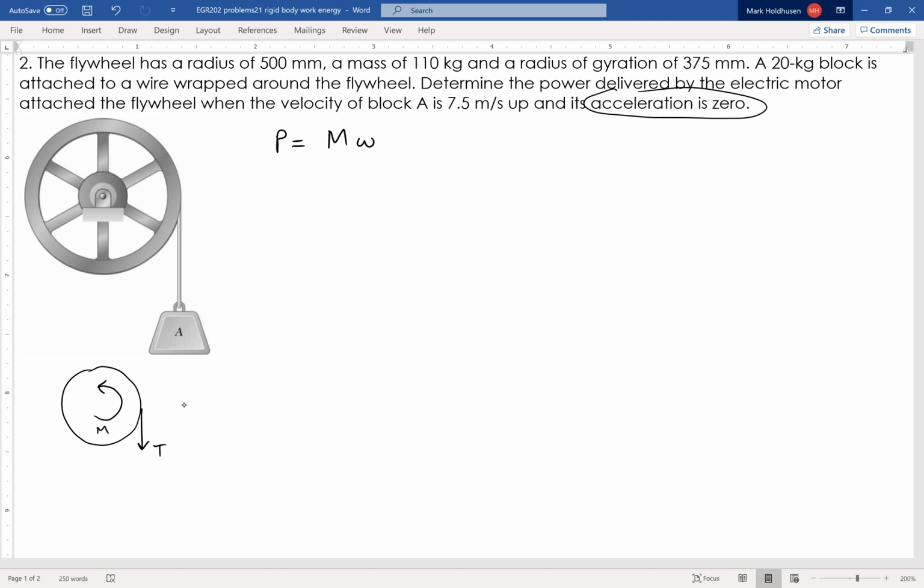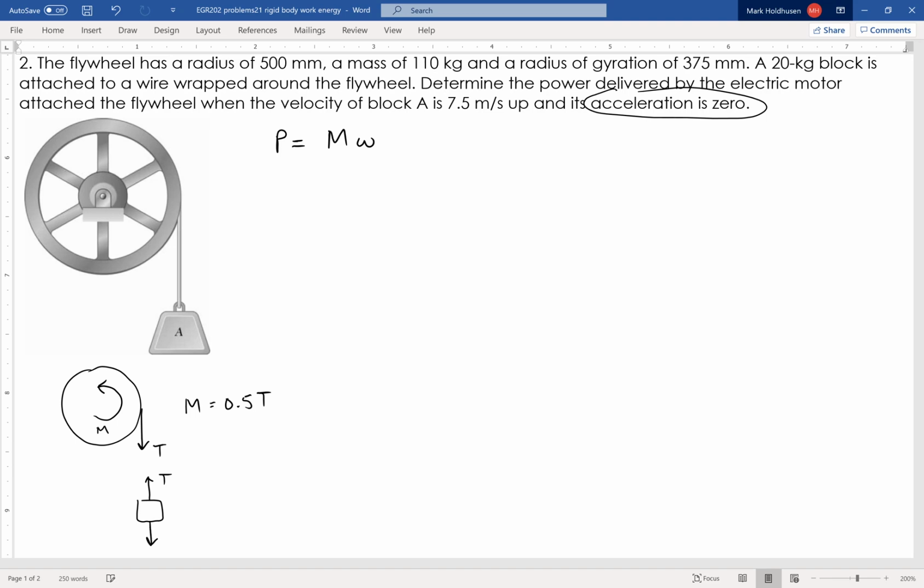So hopefully everyone is clear that that moment equals 0.5 times the tension, because the radius is 0.5. The tension is unknown at this point. But I know the tension is pulling up here.